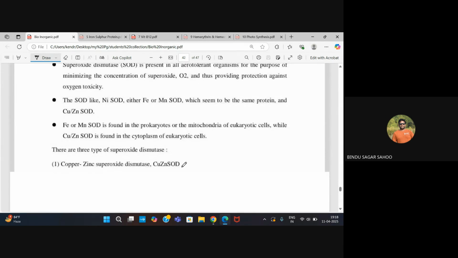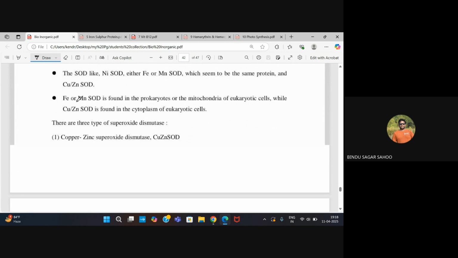Which types of SOD are available in different types of animals? You can check here. Some examples: Fe or Mn SOD is found in prokaryotes or the mitochondria of eukaryotic cells, while copper zinc SOD is found in the cytoplasm of eukaryotic cells.